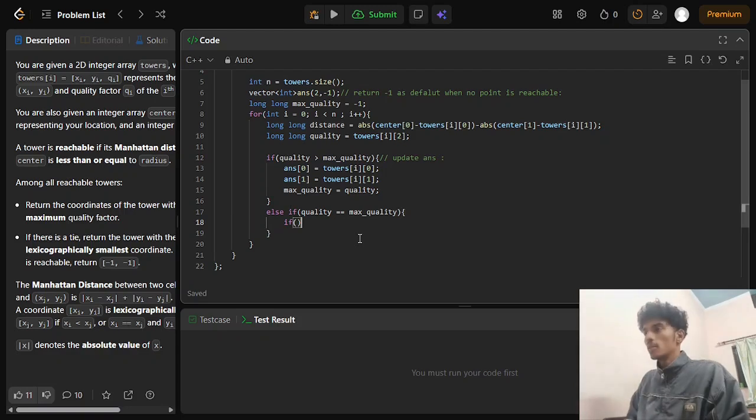So if our previous answer of 0 is exactly equal, otherwise if y1 is smaller than y2, right?